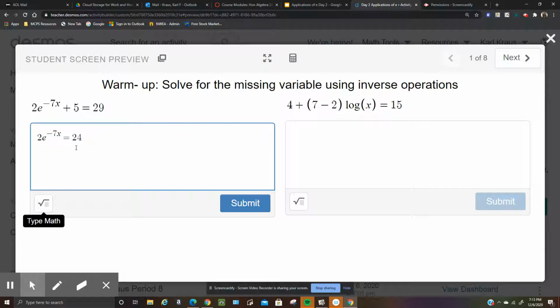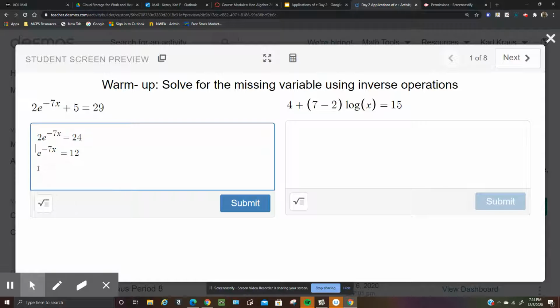So on the next line, get the equation editor: e exponent negative 7x. When I divide by 2, that is equal to 12.